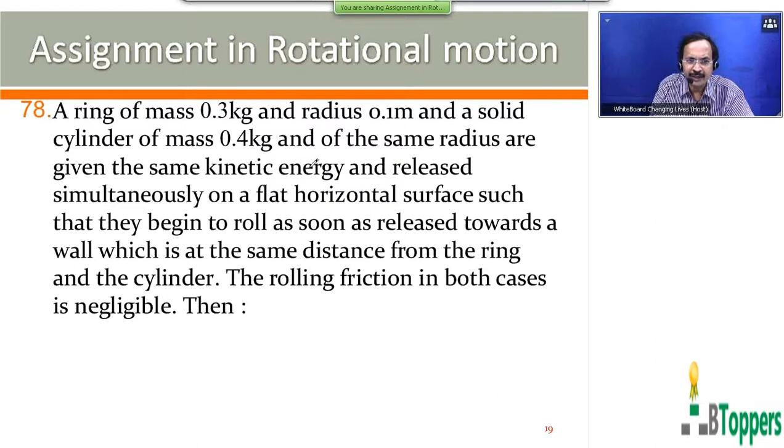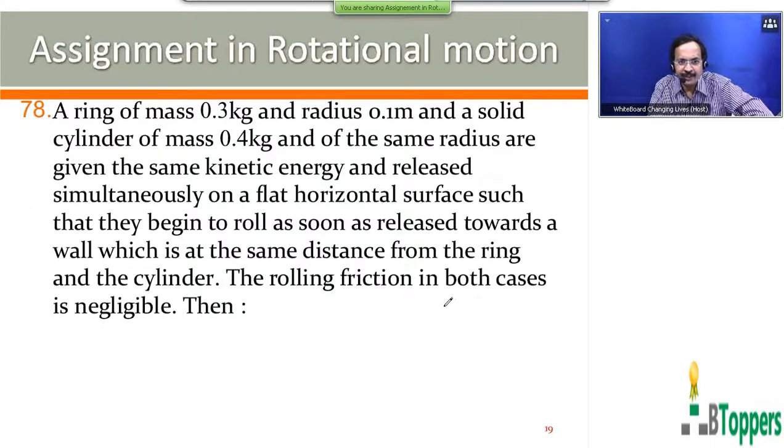Then see the question number 78, next question on screen. A ring of mass 0.3 kg and radius 0.1 meter and a solid cylinder of mass 0.4 kg and of the same radius are given the same kinetic energy and released simultaneously on a flat horizontal surface, so that they begin to roll as soon as released towards a wall which is at the same distance from the ring and the cylinder.